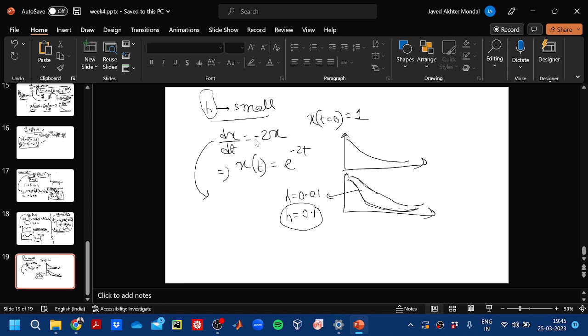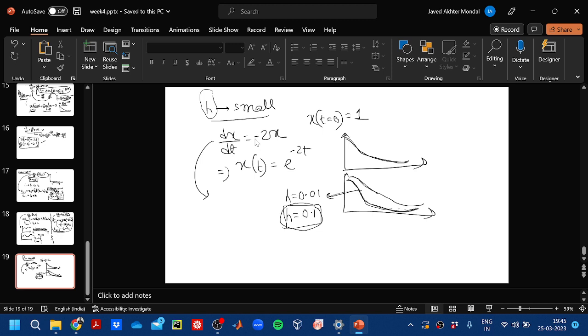This is our real solution, and this is how the solution looks if we solve this with the help of the Euler algorithm. So the accuracy of the Euler algorithm heavily depends on the value of h, or the time step size that we are taking.